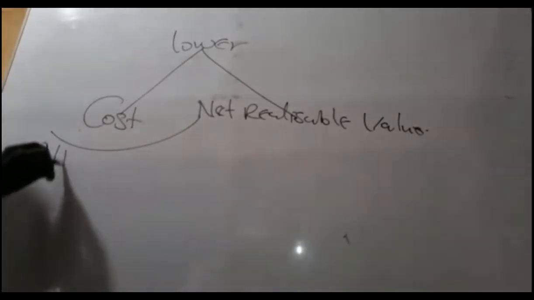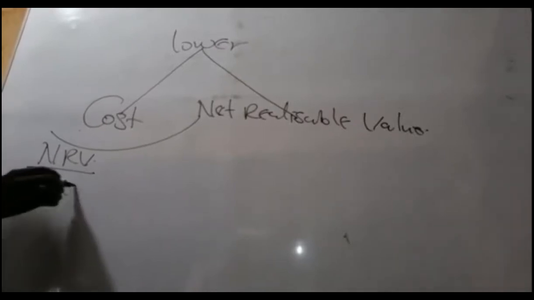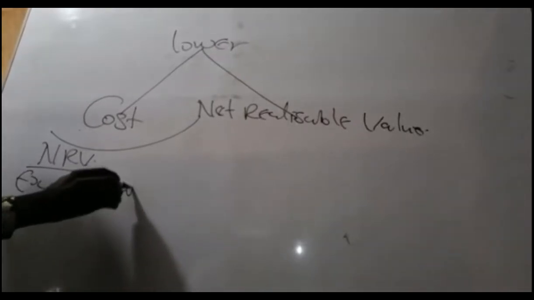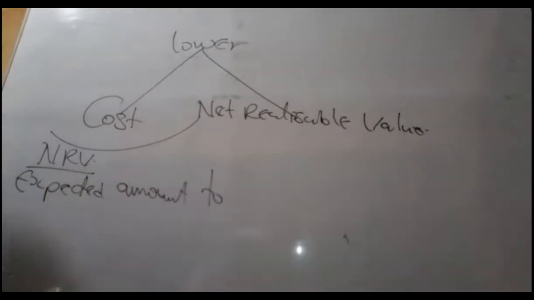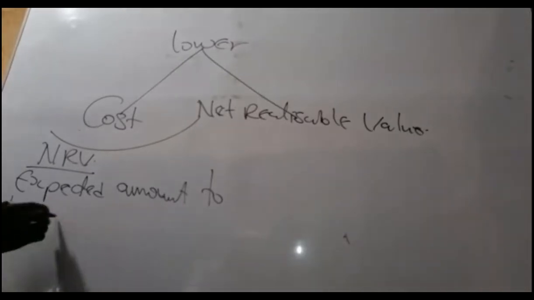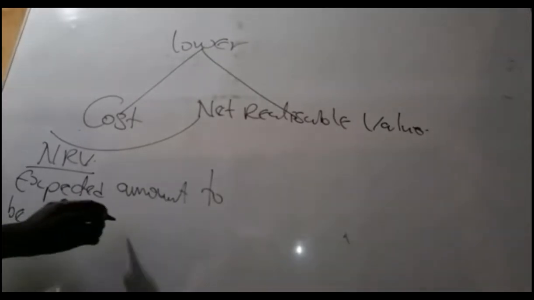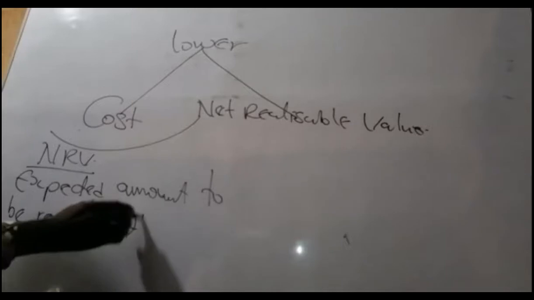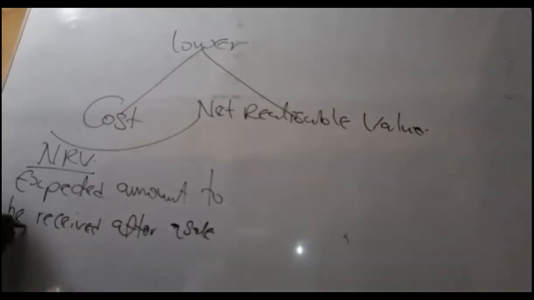So NRV is the expected amount to be received or recovered after sale of the asset.